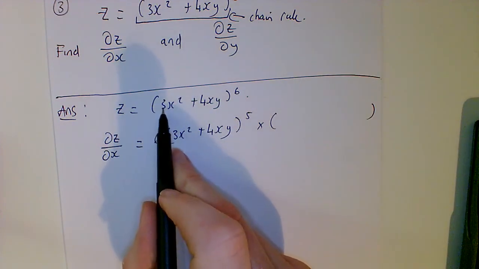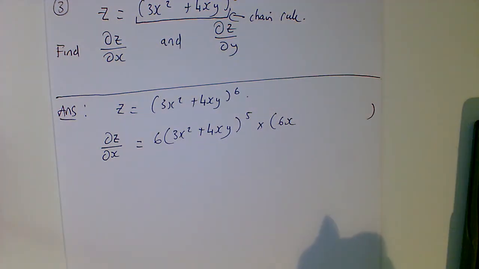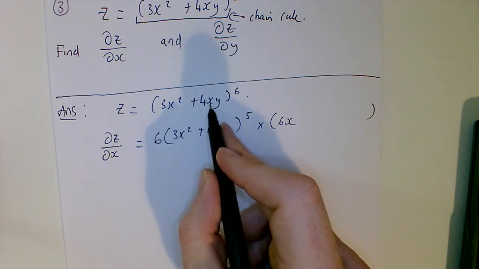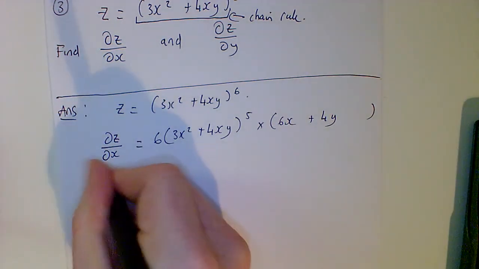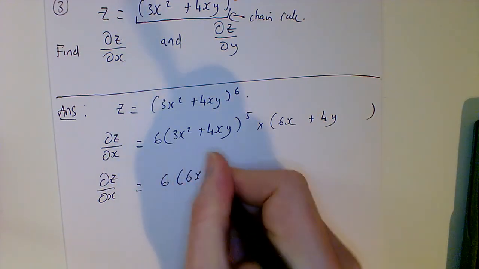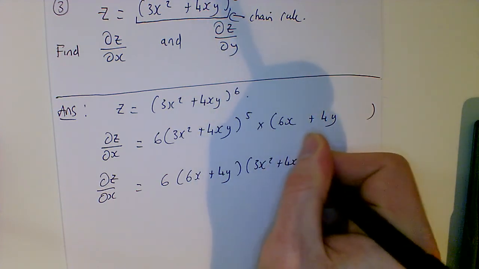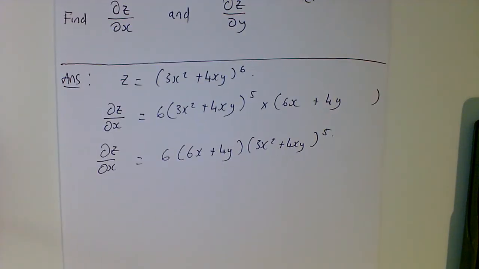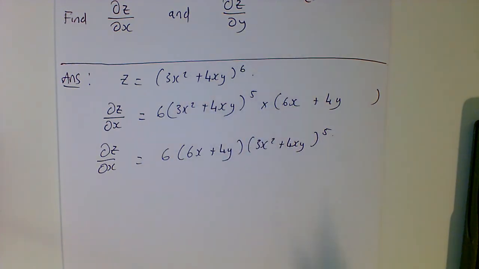If I differentiate this with respect to x, I get 6x. And if I differentiate this with respect to x, that x just becomes 1, so that becomes 4y. And that's as simple as it goes. Now, you tend to always write the bracket with the lower power on it first, but it makes no difference.